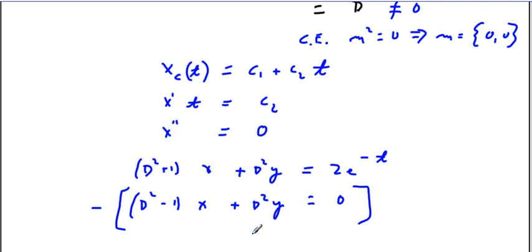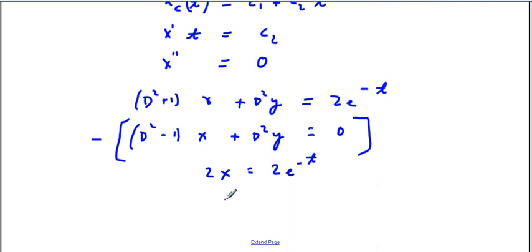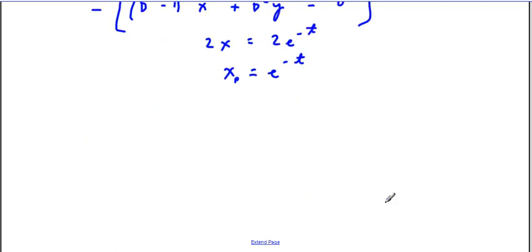If I subtract those two, what am I going to get? I'm going to get 2x is equal to 2e to the minus t. Okay, so x is going to have to equal e to the minus t. And that's basically going to have to be my particular solution. So that being the case, we really don't care what our solution is.